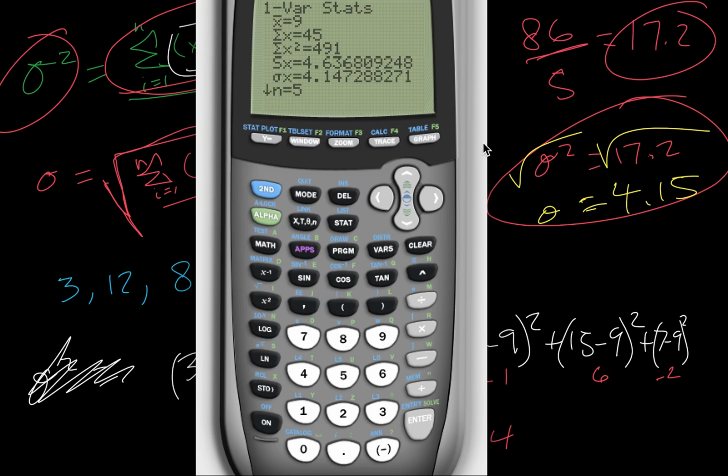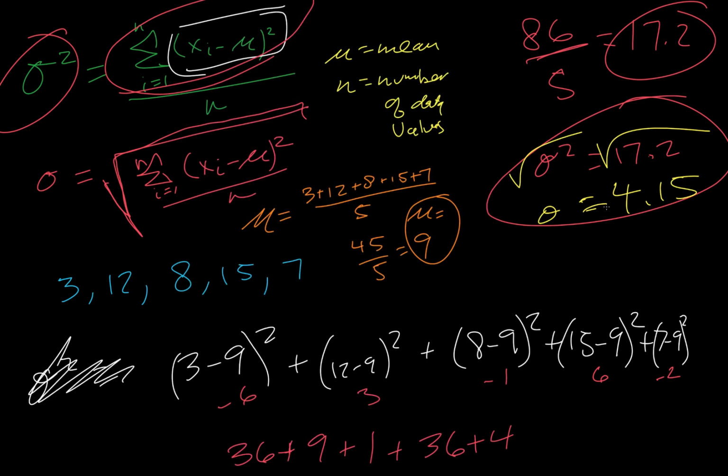So if we were to do this, we would do it kind of backwards from how we did it. So this is our standard deviation, the sigma x. So 4.15 if we round, which is the same thing we got right here. And then we'd have to square that. We'd have to say 4.15 squared to get our sigma squared.